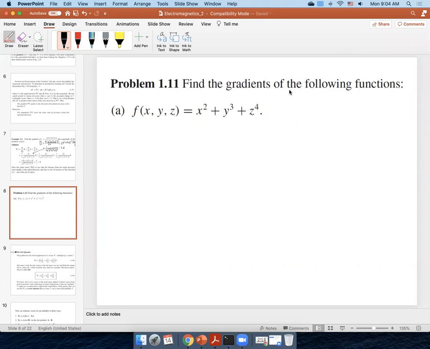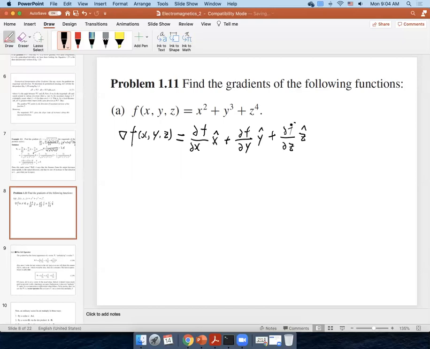So the gradient of f, let's say del f of x, y, and z, equals partial f partial x in the x direction, plus partial f partial y in the y direction, plus partial f over partial z in the z direction. Let's calculate them one by one.